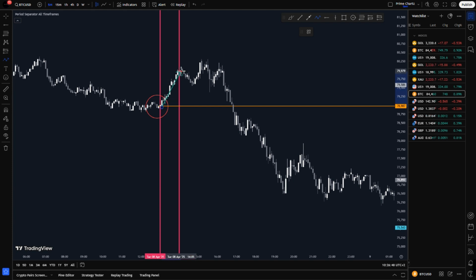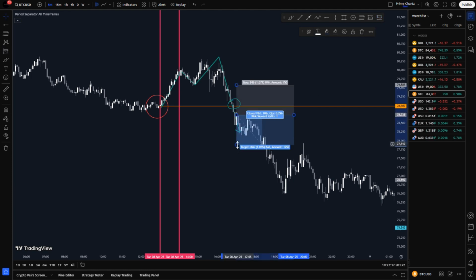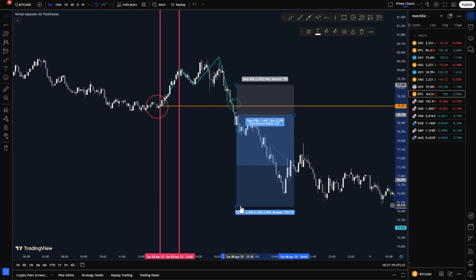Price pushed up between 1 and 2 p.m., then slightly moved higher before starting to drop to the downside, eventually breaking and closing below our opening price line. Now, once we see this break, what's the next step? In our heads, we already know we look to sell the market, right? So right here we enter sell positions, and boom, price continued dropping beautifully, giving both variations a solid win.